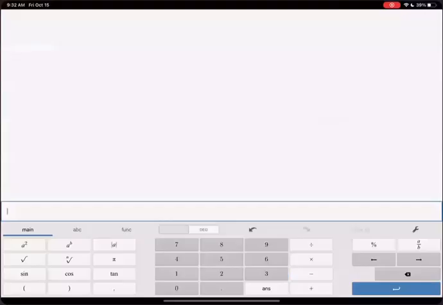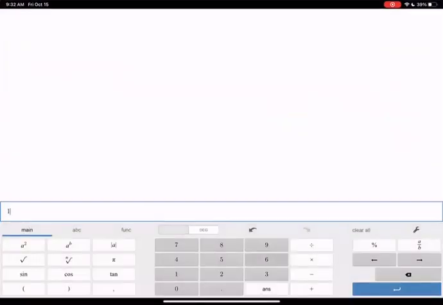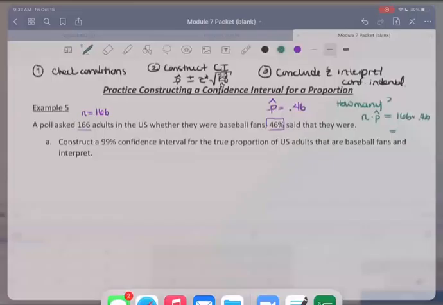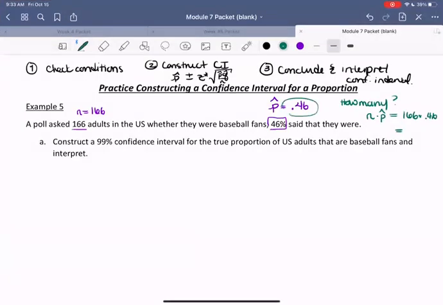We can do that calculation here on our calculator: 166 times 0.46. So about 76. This is rounded, because we can't have a part of a person. So we have 76 successes in this case.